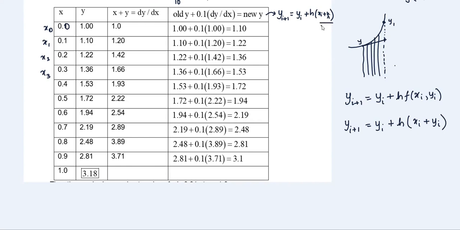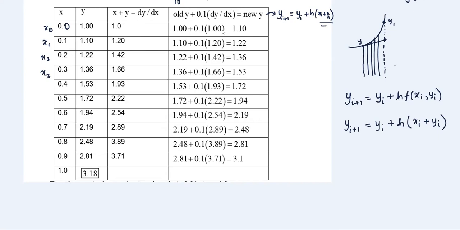So this x_i plus y_i is calculated here. On the first step, x0 plus y0 gives 1, because for x equal to 0, y equal to 1, you get 1. Now this is y0 plus h times dy by dx.